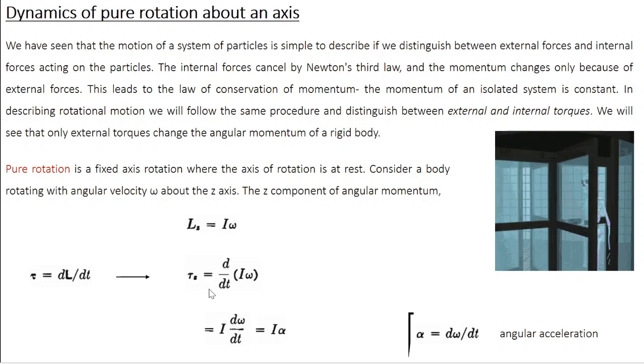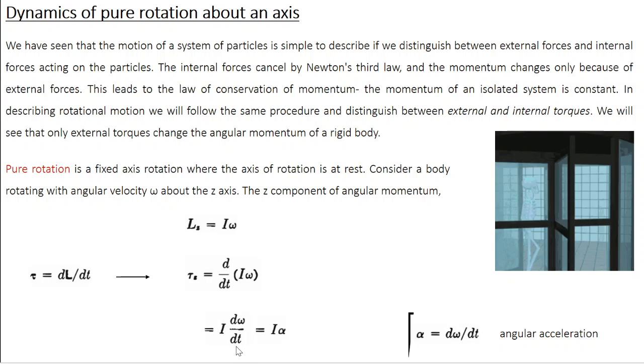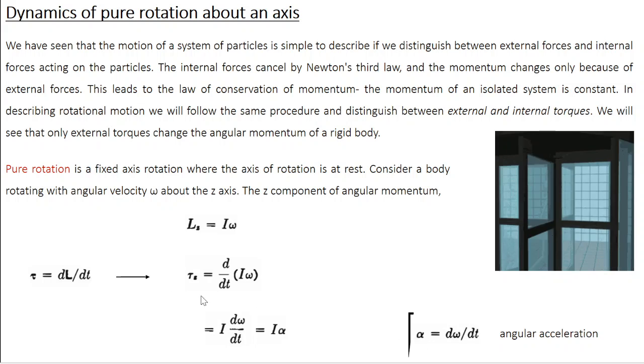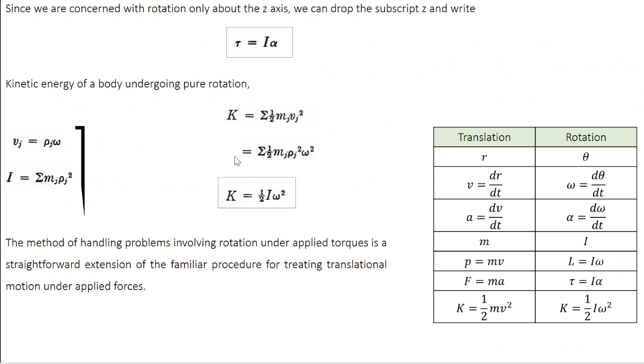I is a constant, take it outside the derivative, so this is I into d omega by dt. Rate of change of angular velocity is nothing but angular acceleration alpha, so tau z equals I alpha. Since we are concerned with rotation only about the z-axis, we can get rid of the subscript z and write down a general equation, torque tau equals I alpha.